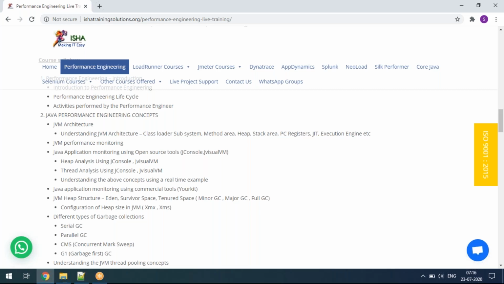Those two tools, how we utilize them for heap dump and thread dump: how to trigger a heap dump and thread dump, and how to analyze them.